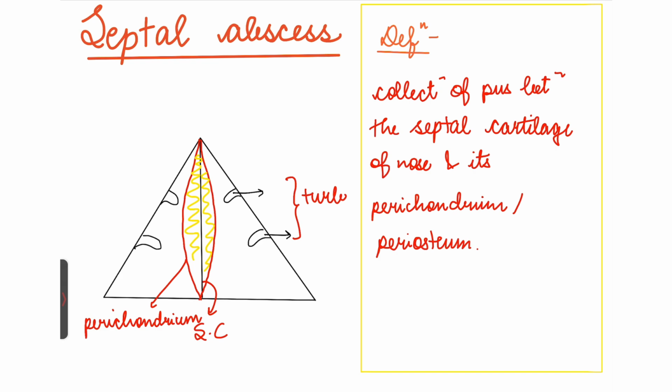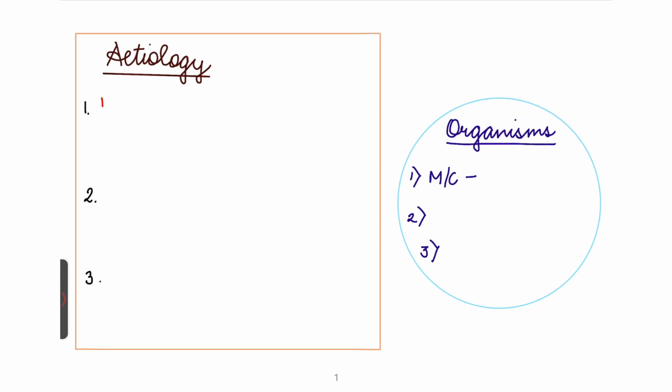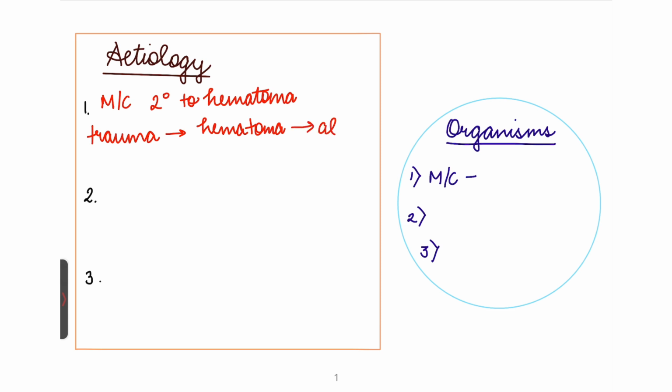Once we have understood the definition of septal abscess, we can move forward and look at the etiology. Most commonly, it occurs secondarily to a hematoma. Trauma to the nose leads to hematoma, and hematoma can get infected to form an abscess.